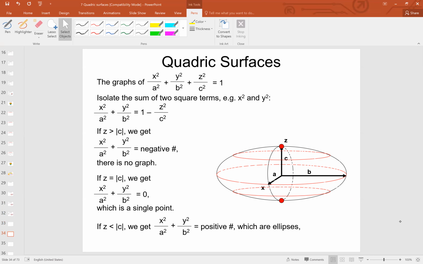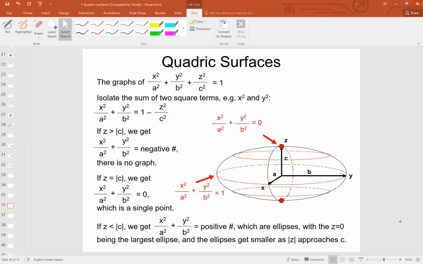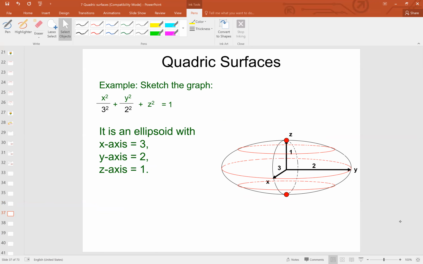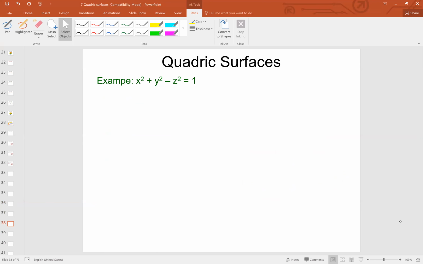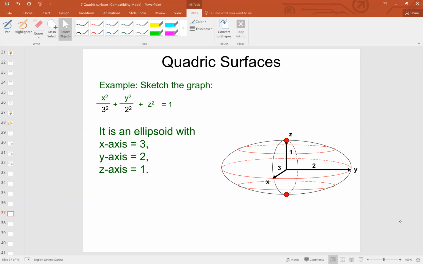This you should know by heart. You see positive x squared, positive y squared, plus z squared is equal to a constant. You know it's an ellipsoid. It's a closed surface, very important. So this is the ellipsoid with the following axes.